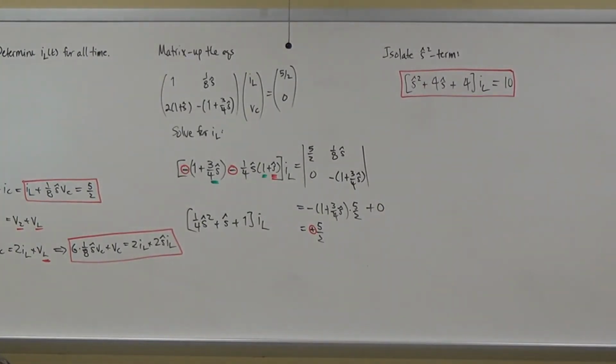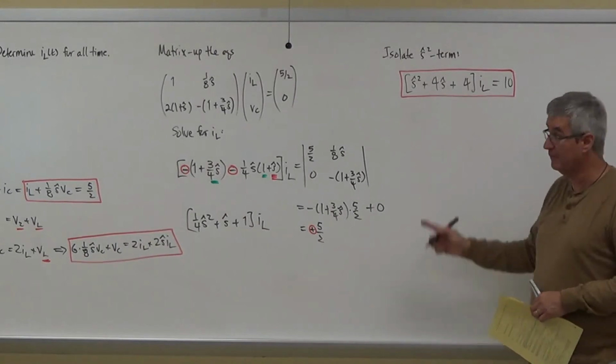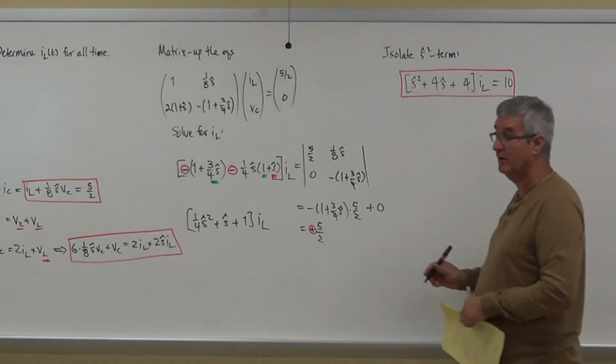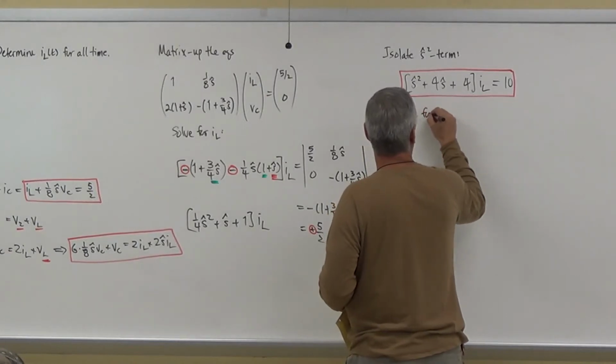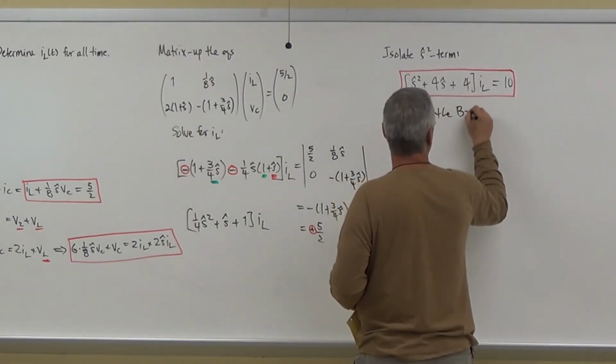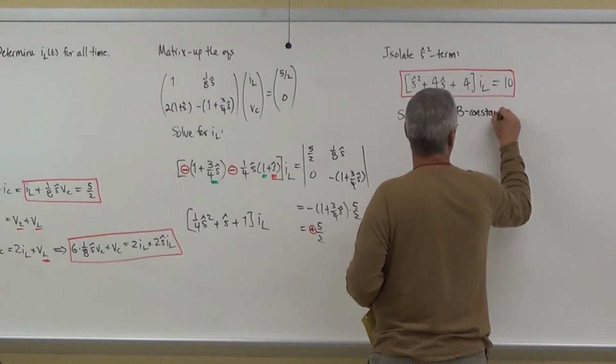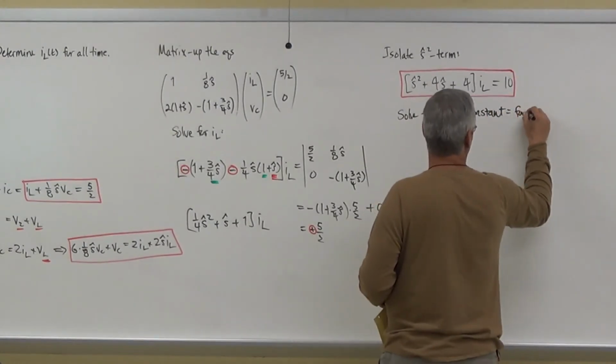Now note, I'm going to do a check just to see if it makes sense to me. It doesn't mean that it's right, but I want to check this thing. First thing I'm going to do is solve for the constant, and remember, this is the force response.